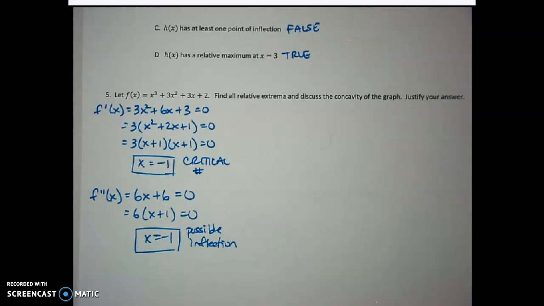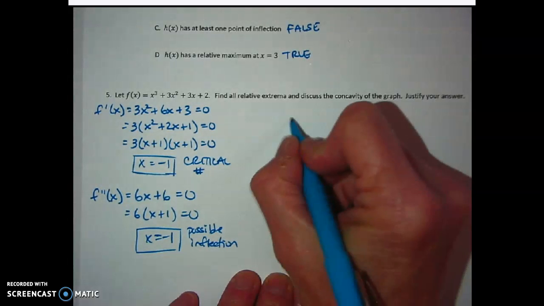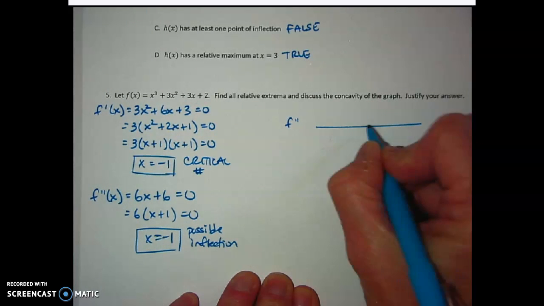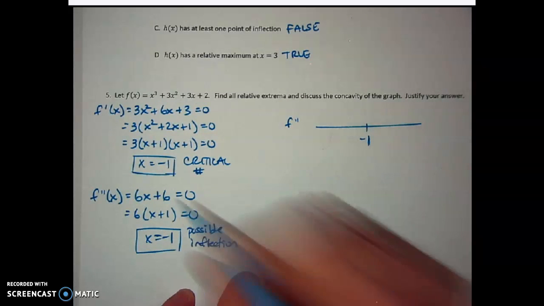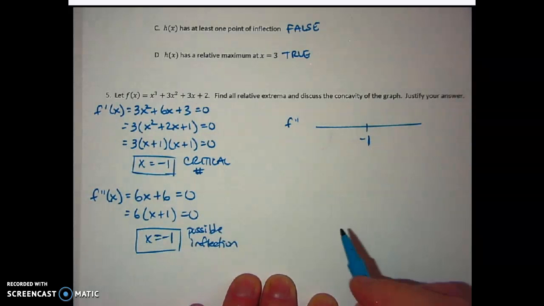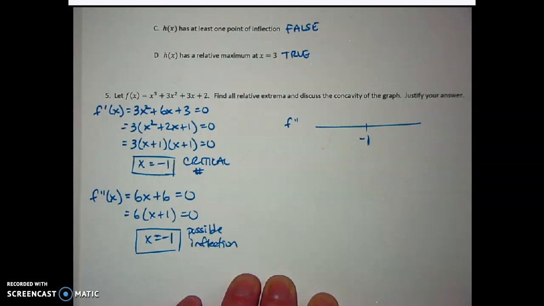Finding and solving the second derivative, I find that my possible inflection point is also at -1. So now we're going to do our second derivative test with -1. Because my inflection point is also a critical value, I'm not going to be able to use the second derivative test to find any relative extrema, but I can use it to find the concavity.